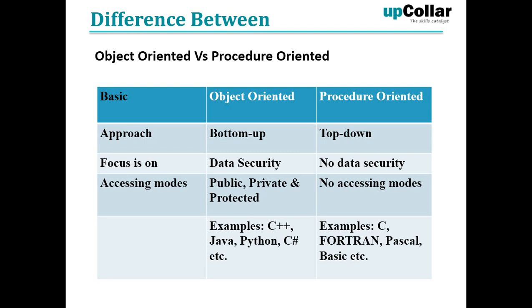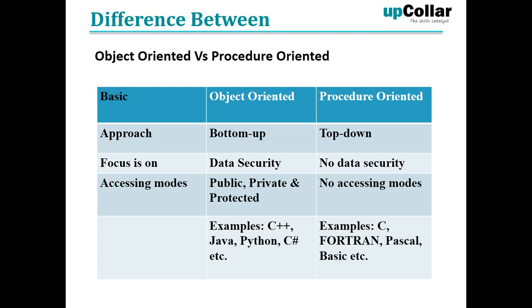Object-oriented programming language focuses on data security, whereas no such data security is provided by a procedure-oriented programming language. There are features like access specifiers available in object-oriented programming language which pose some restrictions to the accessibility of data, whereas no such features are available with procedure-oriented programming language.